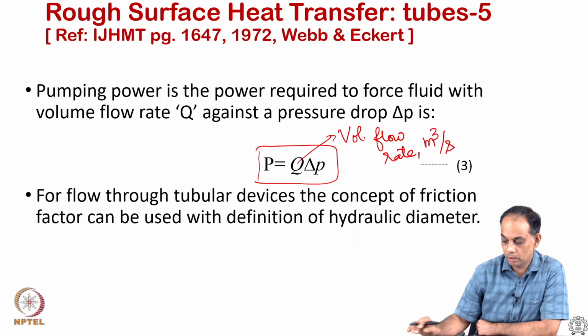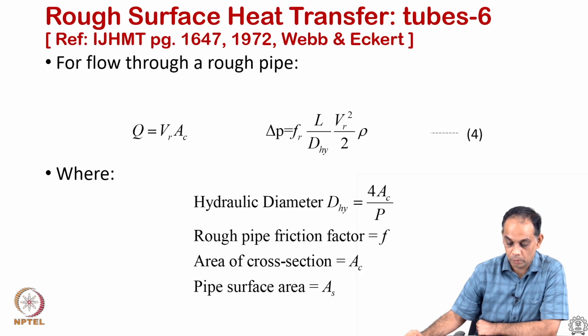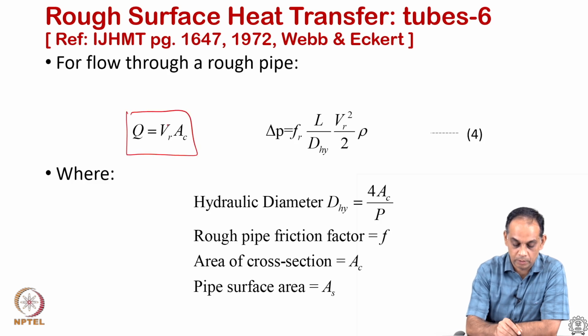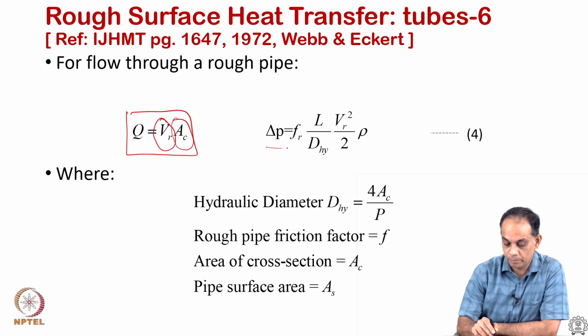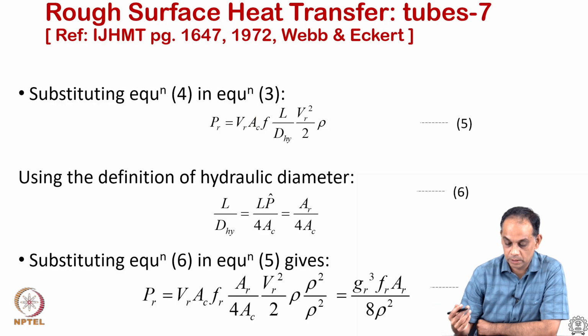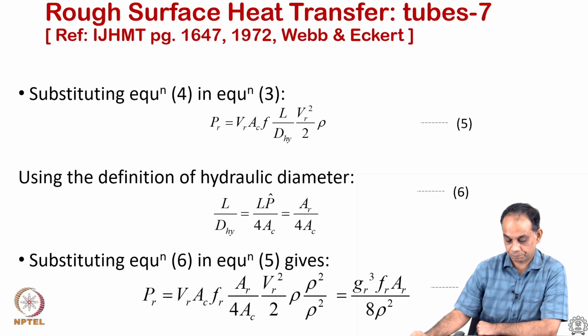And now we have all the definitions done. We will move forward, and we know for a rough pipe, the volume flow rate is the velocity going through the rough tube times the cross-sectional area, and the pressure drop we can define in terms of the friction factor, the Fanning friction factor, and we get this expression for pressure drop. We can use the existing correlations and so on.